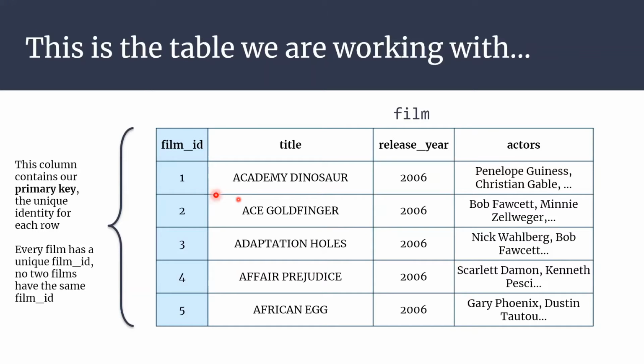A primary key uniquely identifies every row in the table, and it makes sure that every row is unique, essentially. So even if the title is the same, the release year is the same, the actors are the same, the film ID will be unique for every single row. That is what a primary key does. It identifies every row uniquely within the table.